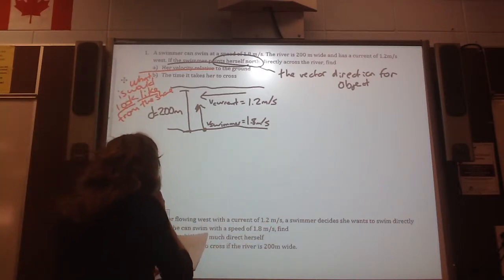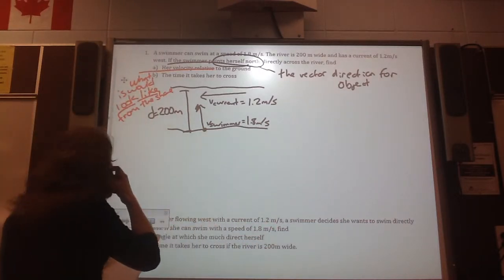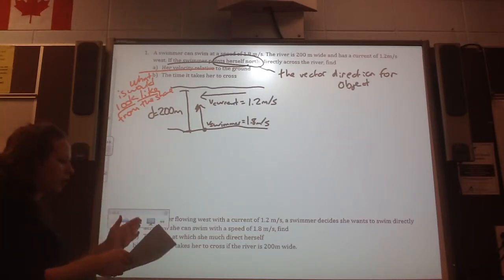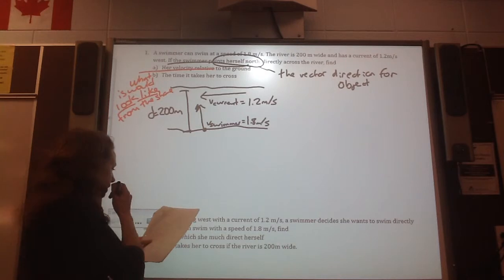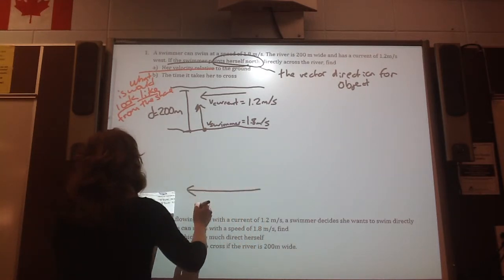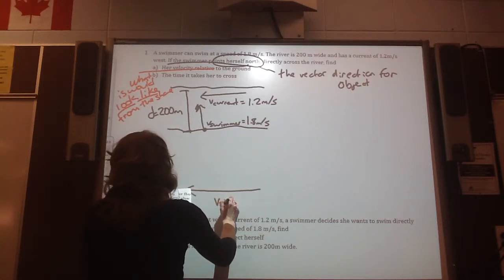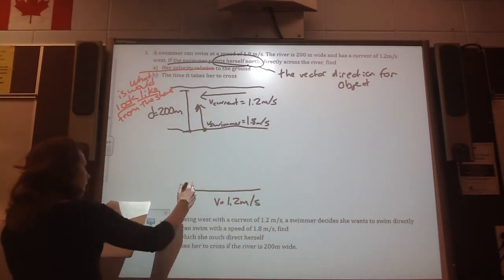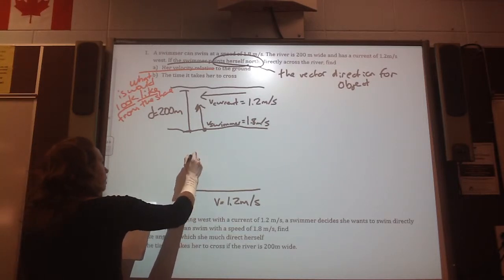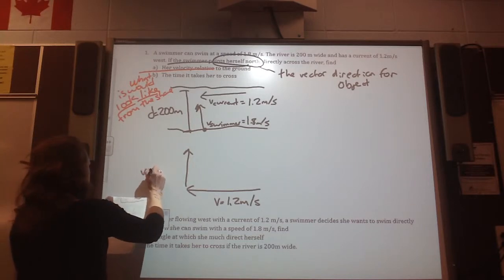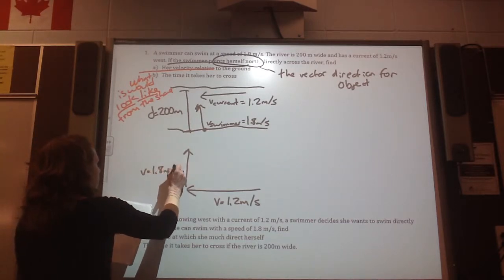Okay, so now let's draw our diagram. So remember, it's important for our vectors to be tip to tail, our north, south, and east and west. So here I'm going to draw my west vector first. This velocity is 1.2 meters per second. Then I'm going to go to the tail of my next vector and go up, and this is the velocity of my swimmer, 1.8 meters per second.